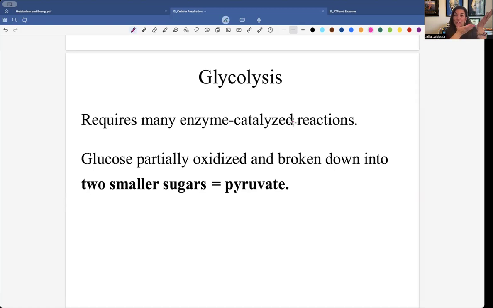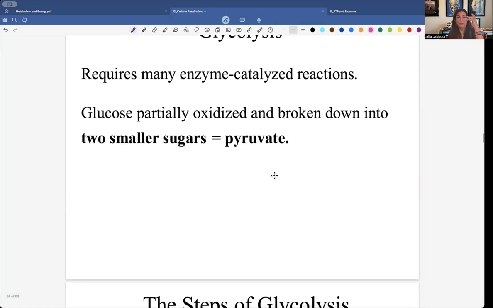We just learned about enzymes in the lecture on ATP and enzymes. Without these enzymes, we wouldn't be able to catalyze the reaction, and it would never happen. So glucose is partially oxidized and broken down into 2 smaller sugars called pyruvate.